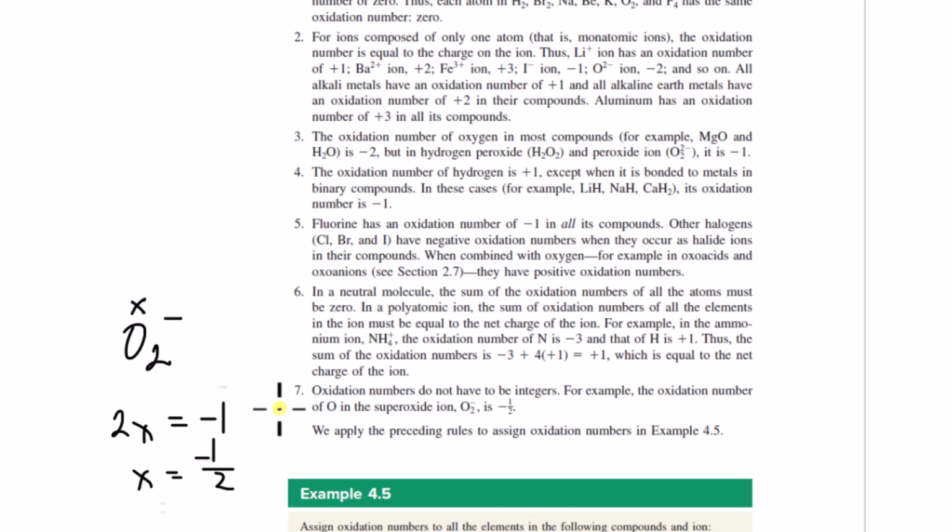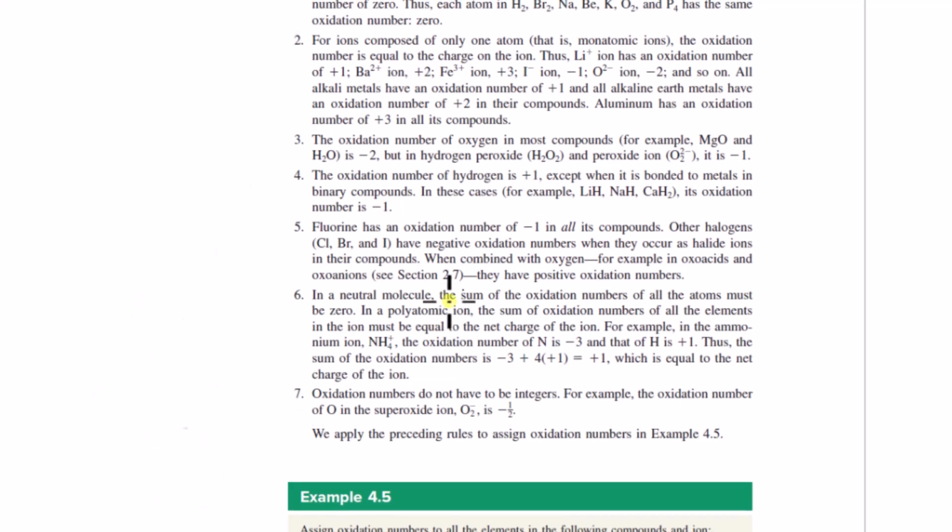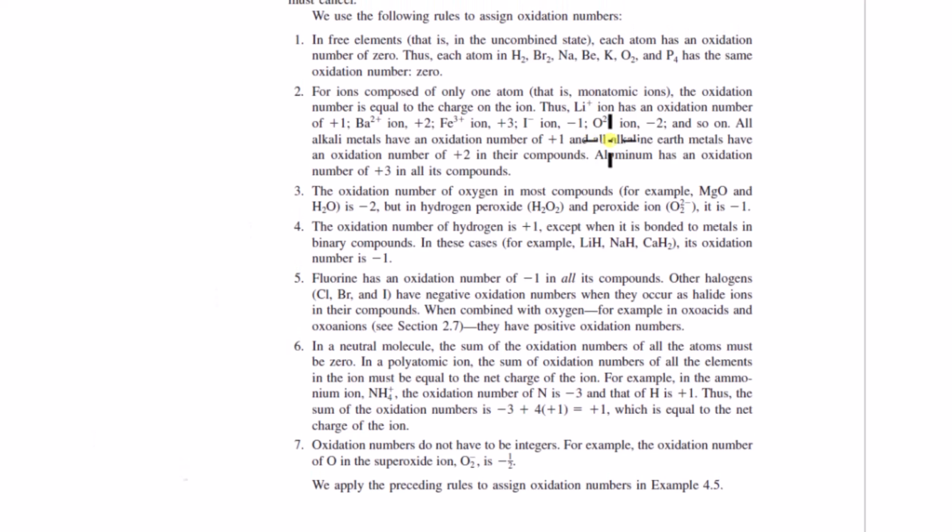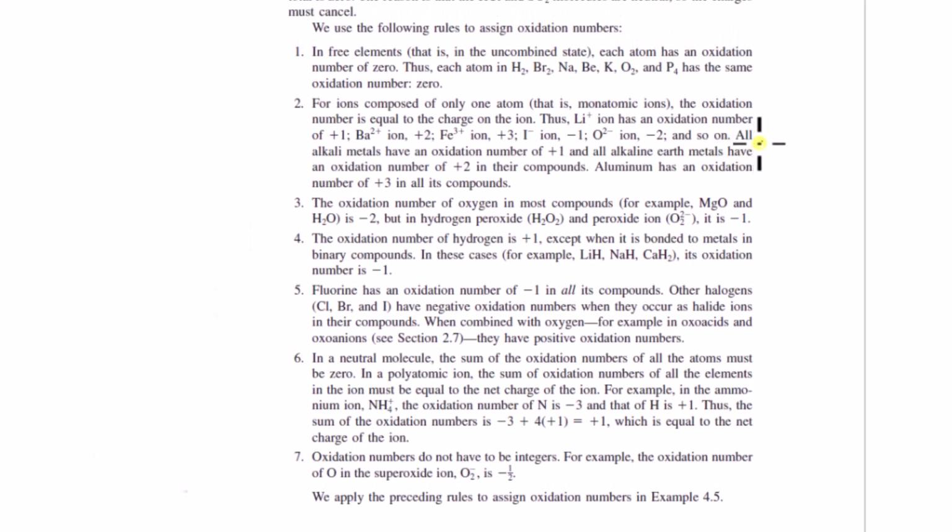So what's another cardinal rule? Well, if we come to the second part of Rule 2, here's two cardinal rules. All alkali metals have an oxidation number of +1, and all alkaline earth metals have an oxidation number of +2 in their compounds. Again, these are cardinal rules. They cannot be violated under any circumstance when it comes to assigning oxidation numbers.